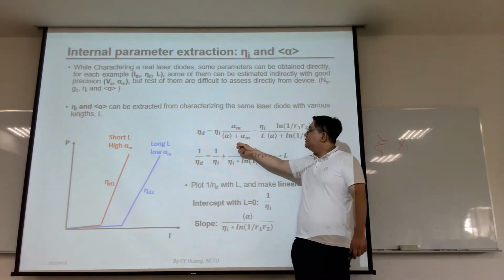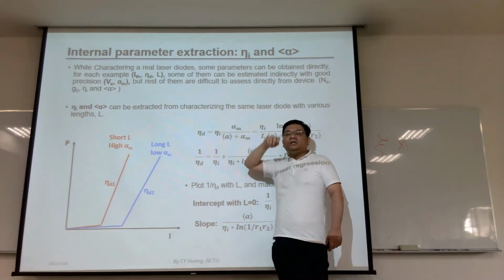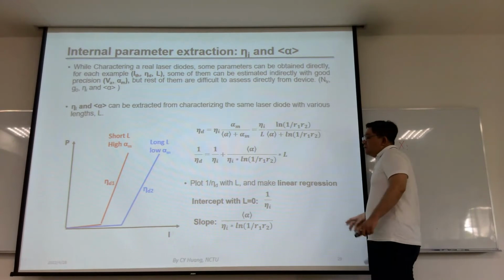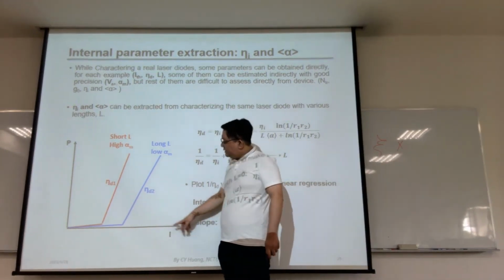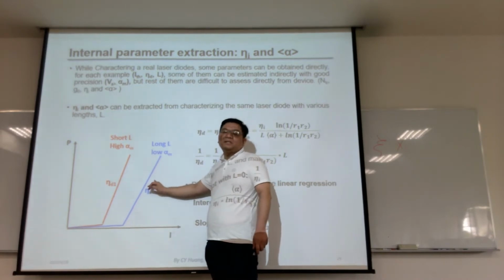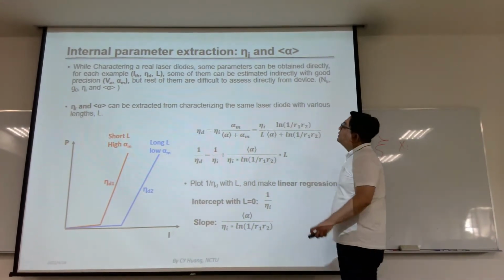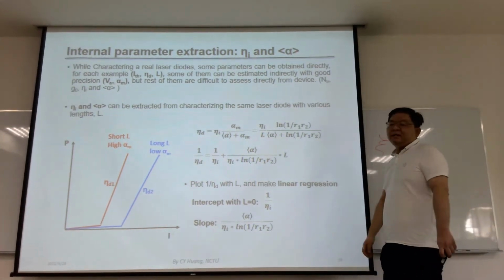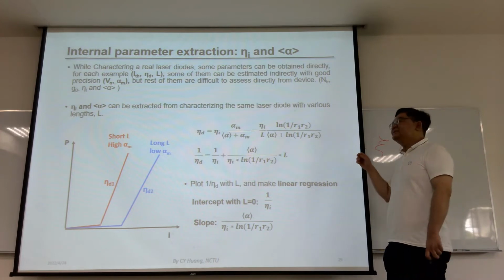But how do you evaluate the internal loss and the injection efficiency? Scientists probably 30 years ago tried to do that with something called the varying length method.